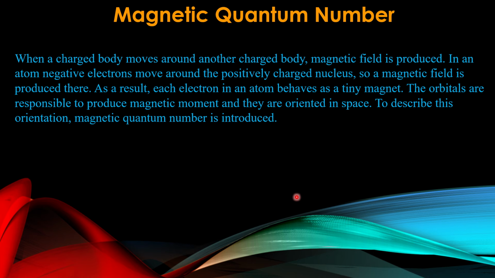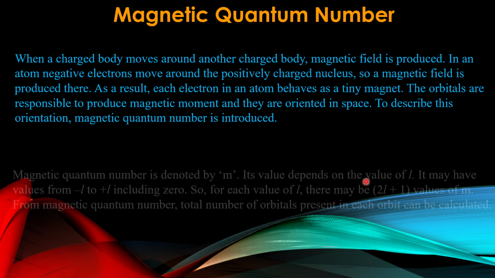As a result, each electron in an atom behaves as a tiny magnet, because this negatively charged electron rotates around the positively charged nucleus. The orbitals are responsible to produce magnetic moment and they are oriented in space. To describe this orientation, magnetic quantum number is introduced.